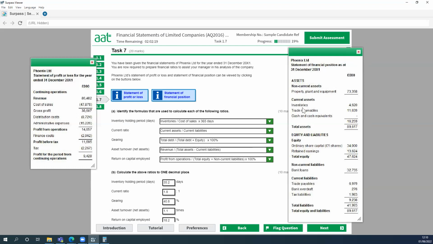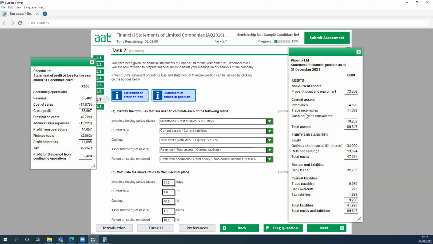It could be to do with high levels of inventory, so too much stock. You don't want too much stock because it'll become obsolete and out of date, won't it? You certainly don't want too high trade receivables. If your current ratio is high because of your trade receivables, that's not necessarily a good thing, is it? Because you get things like bad debts then.